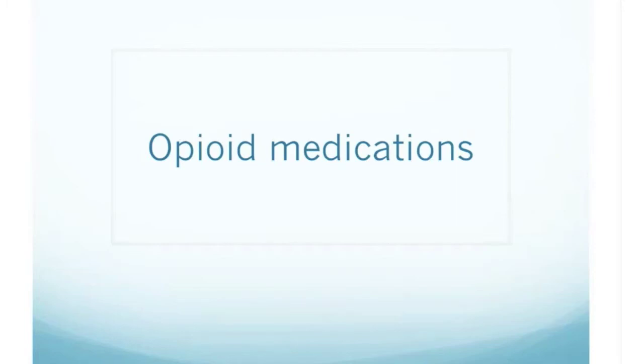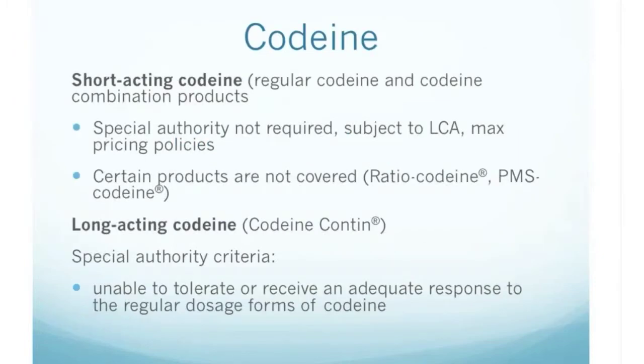Special authority is not required. However, these are subject to LCA, low-cost alternative, and also maximum pricing policy. And again, certain products are not covered. So your pharmacist would know which products are covered and which are not, like which brands of the generic would be covered and which aren't.